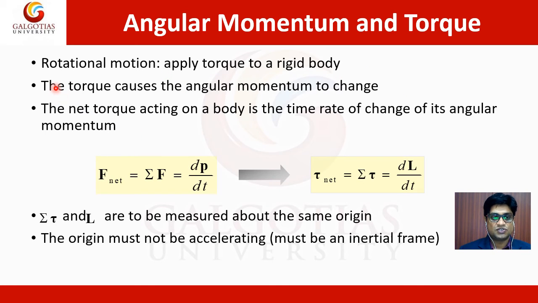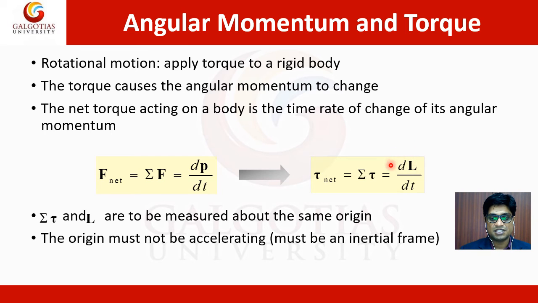We can see the relation between angular momentum and torque from the basic laws. If there is rotation, then there will be torque. Torque causes the angular momentum to change. Just as we know that the rate of change of linear momentum is known as force, force is analogous to torque, and linear momentum is analogous to angular momentum.